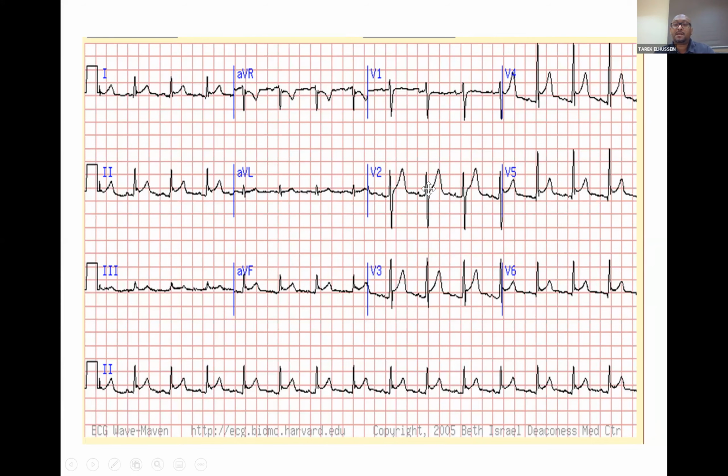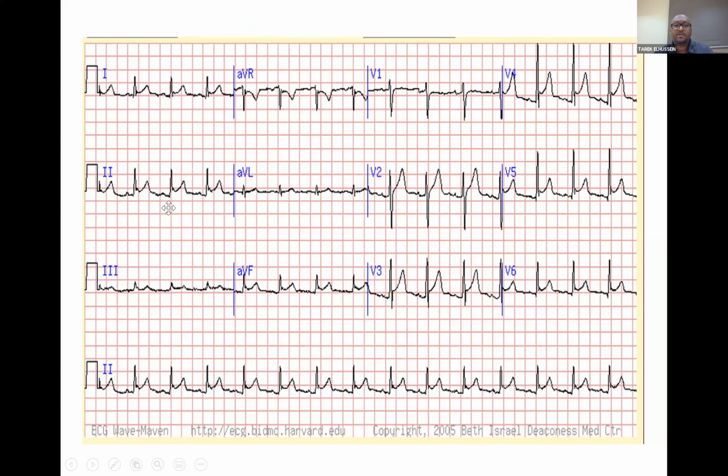So now I'm seeing a pattern of a diffuse ST elevation. Once I see diffuse ST elevation in somebody who comes with chest pain, immediately I have to look at the PR. And I look for the PR depression, which is there. You can see clearly the PR depression. Clearly, I can see PR depression very pronounced here in V4.